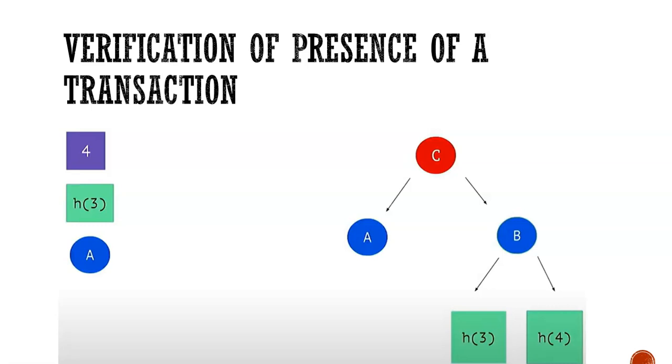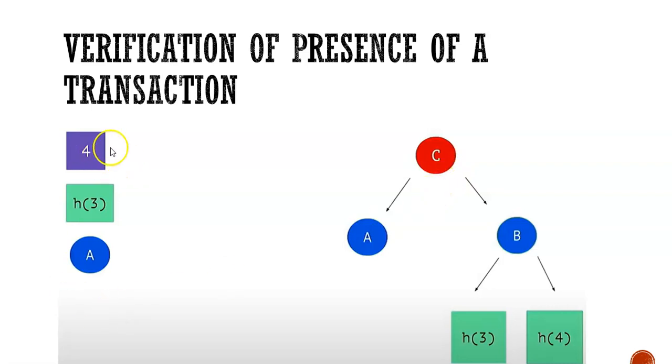So what I need is hash of 3. We don't want even the details of the other transactions. We just need only the hash. So if we have hash of 3 and hash of A, only with these details we'll be able to compute C. Let us see how it has been done.